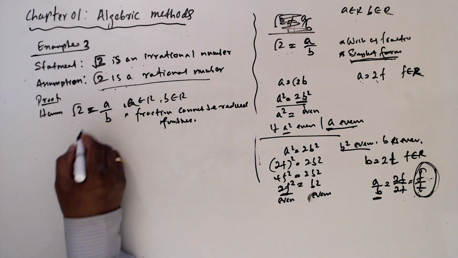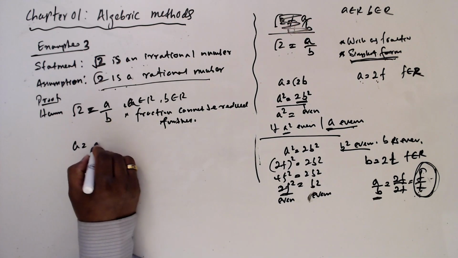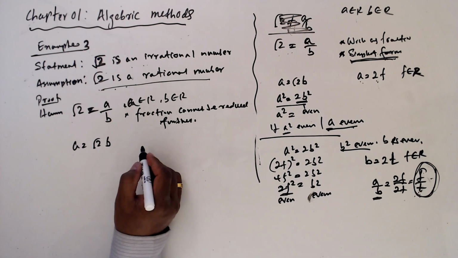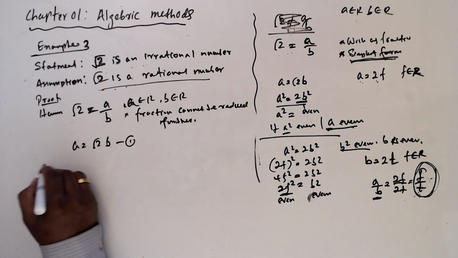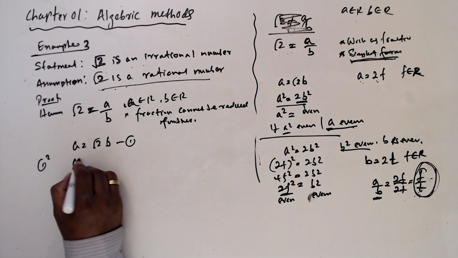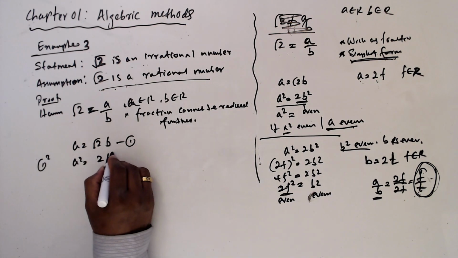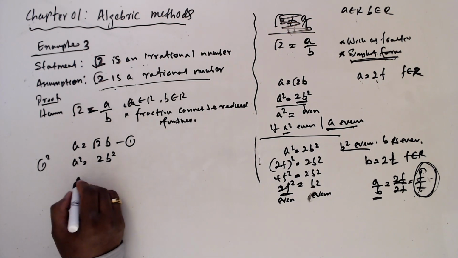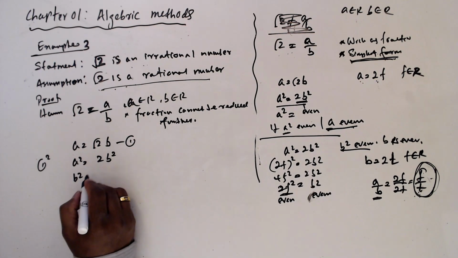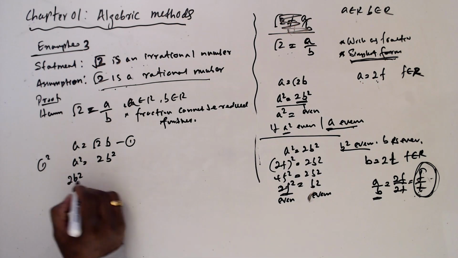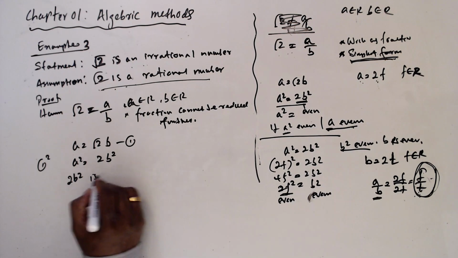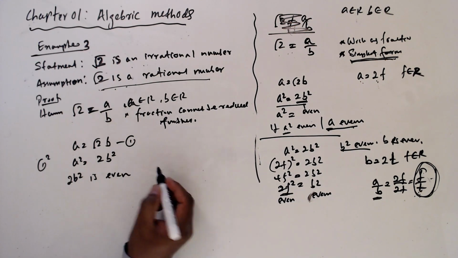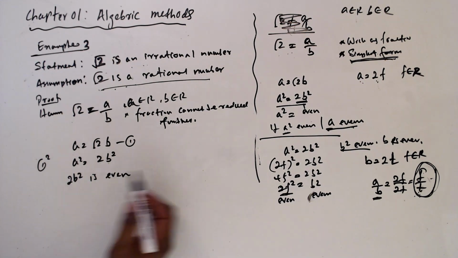Then we cross multiply, a equals square root 2 times b. We'll square it. A square equal to 2b square. So now we have to tell that b square or 2b square is even. It doesn't matter whether b square is even or 2b square is even.